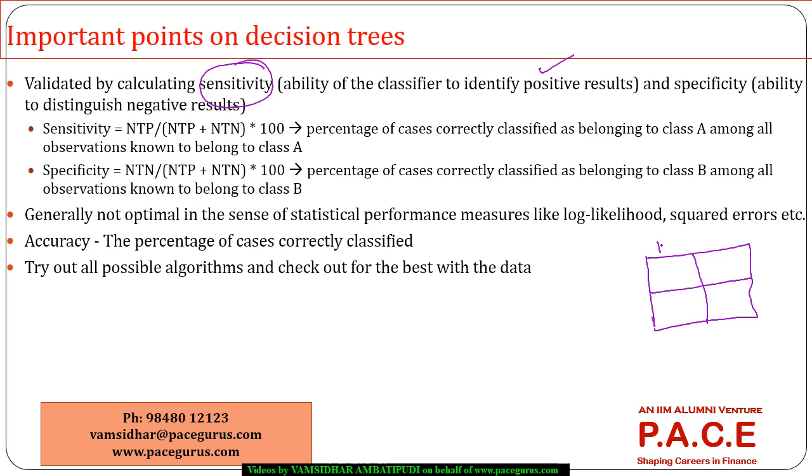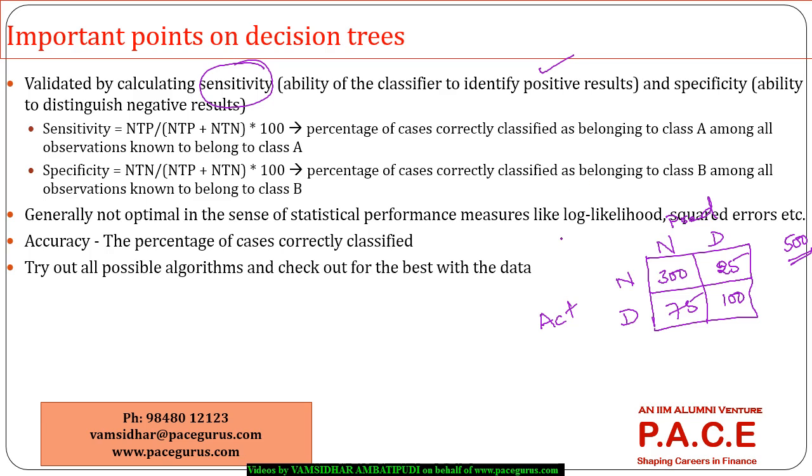No default, default. No default, default. And this is their predicted result, and this is the actual result. So let's say out of the 500 observations, I'm just putting some numbers: 300, 100, 25, 75.